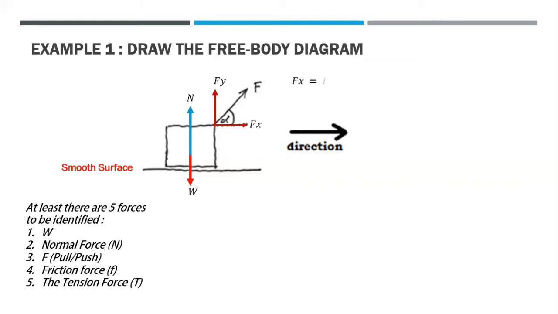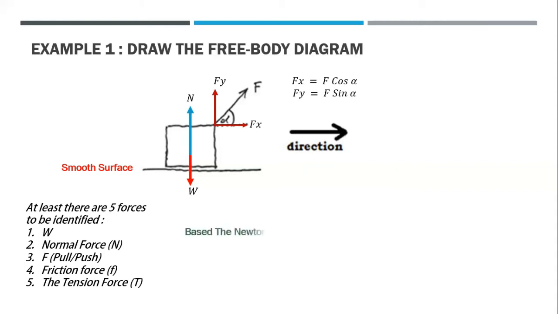By using trigonometry, Fx is F cosine alpha and Fy equals F sine alpha. That's very simple, students, because we can construct the triangle covered by F, Fx, and Fy, and then we can use sine alpha and cosine alpha as simple trigonometry, right?